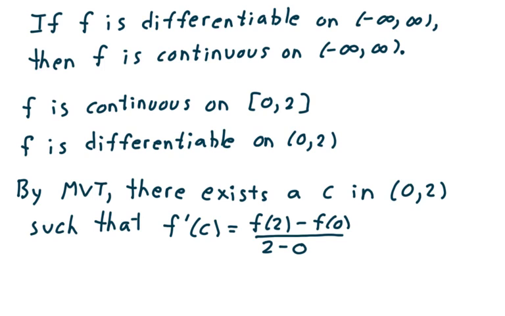Now, let's recall something. f of 2 is equal to 4. f of 0 is negative 1. And we're going to divide by 2.